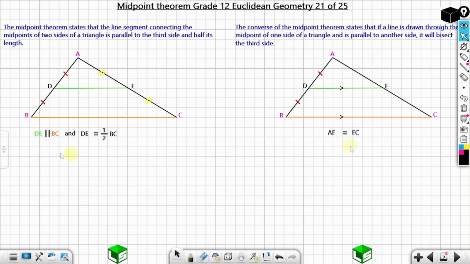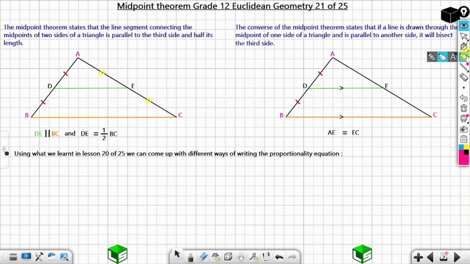Now, using what we learned in lesson 20 of 25, we can come up with different ways of writing the proportionality equation. Please check lesson 20 of 25. Let's write the proportionality equation. I'm going to use some colors so that you can see.